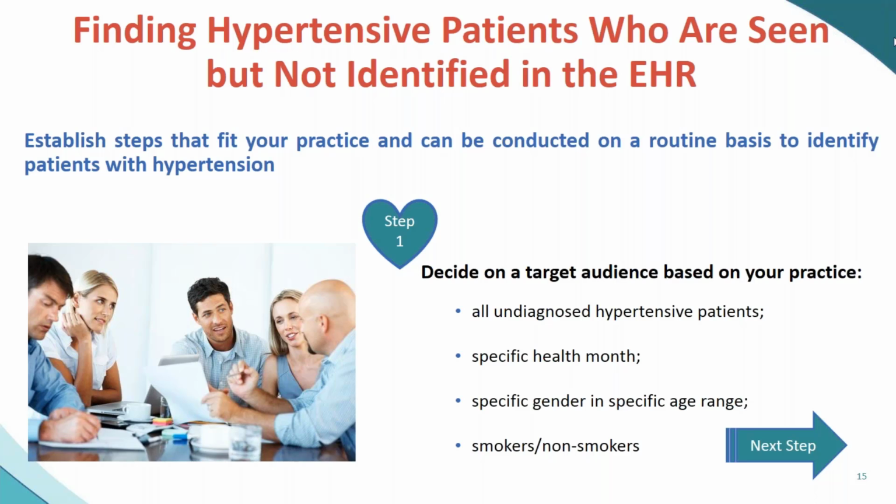You can either look for all the undiagnosed patients, or let's say you're coming up to a specific health month where it's heart attacks or strokes. You can look for patients who have that underlying condition and then look for the hypertension related to that.